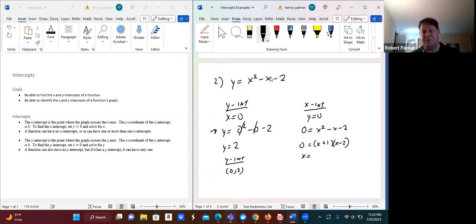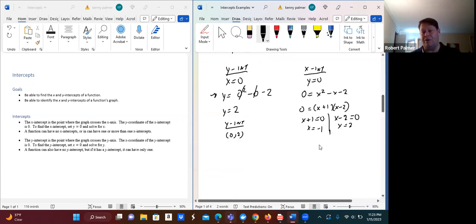So x plus 1 is equal to 0. x minus 2 is equal to 0. And then just solve each one for x. x is -1. x is positive 2.